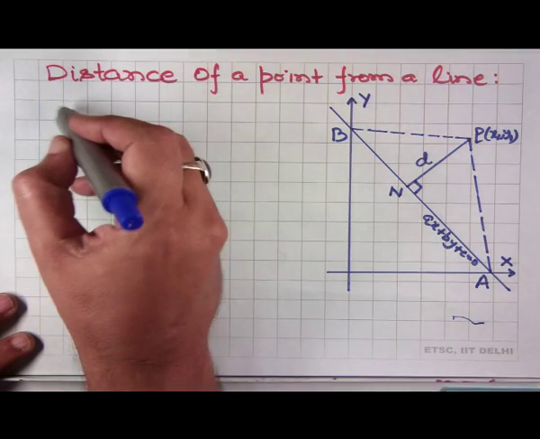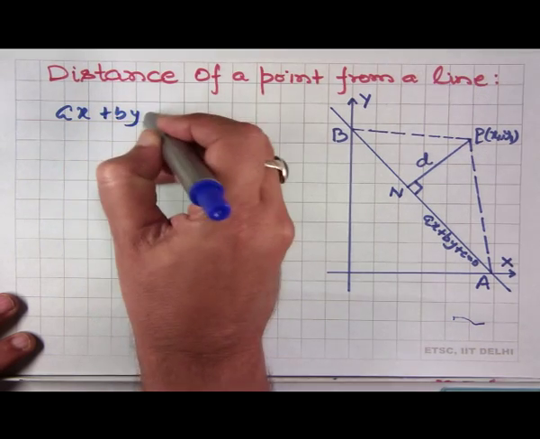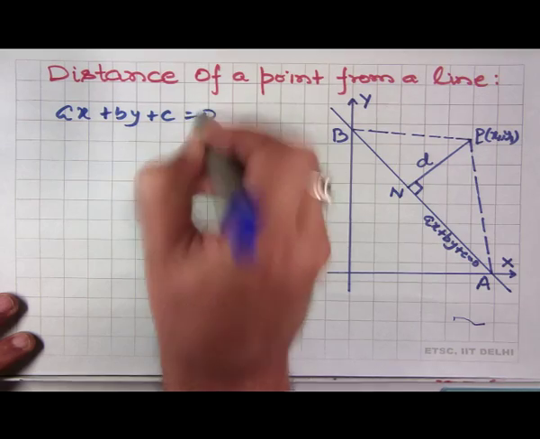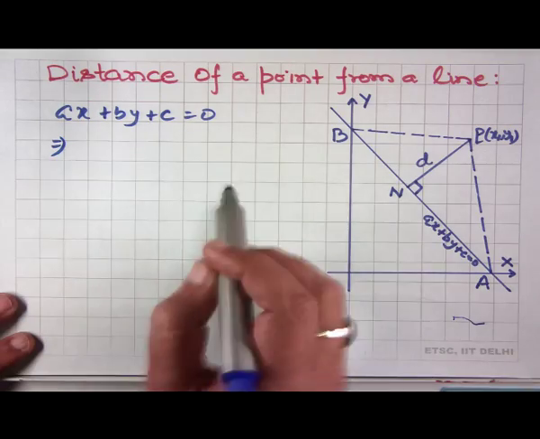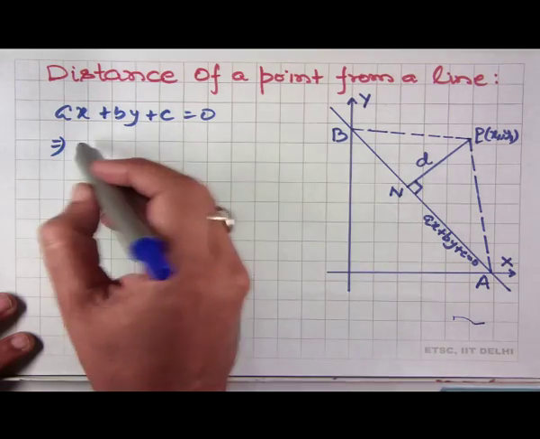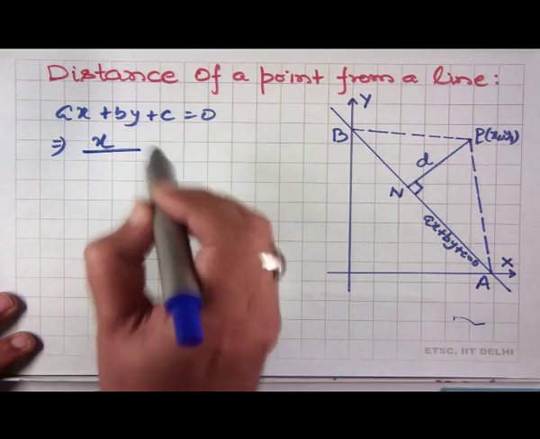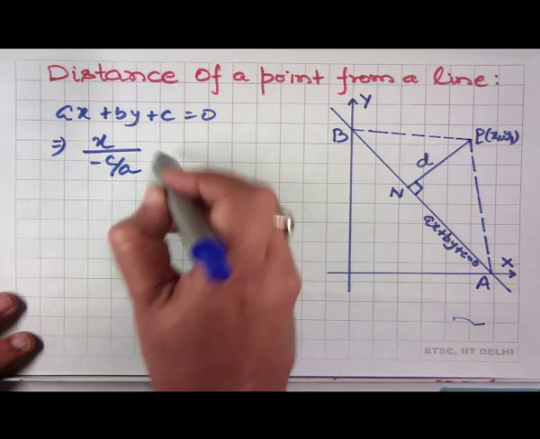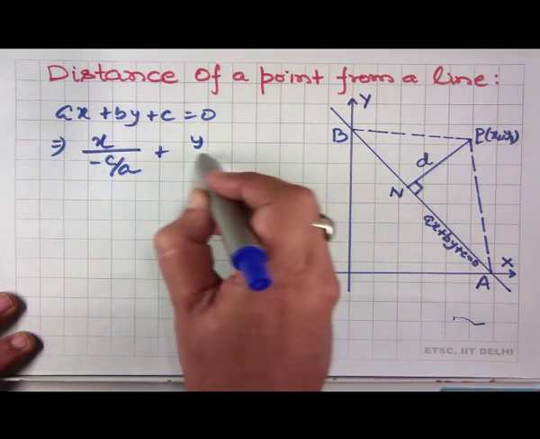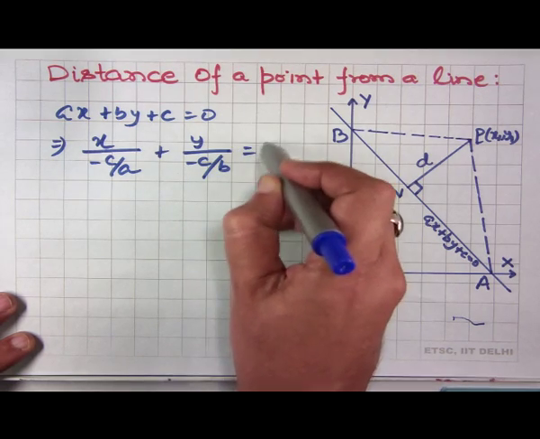So, ax plus by plus c equal to 0, we can reduce this equation to intercept form. Then we can write it as x by (minus c by a) plus y by (minus c by b) equal to 1.